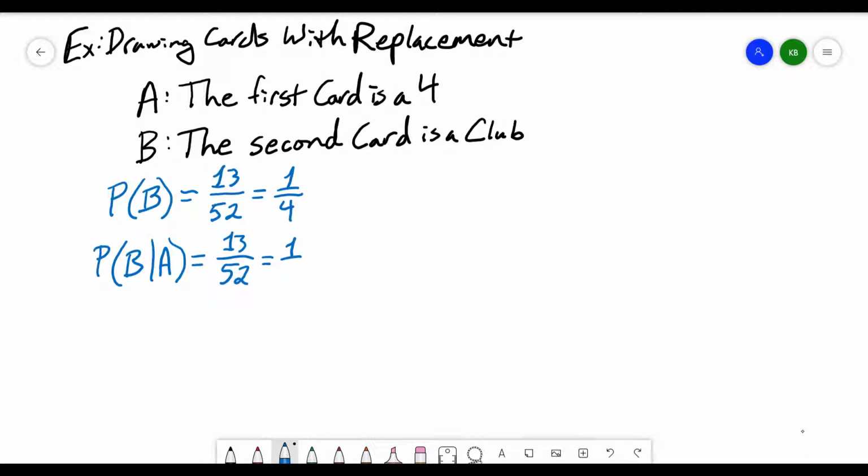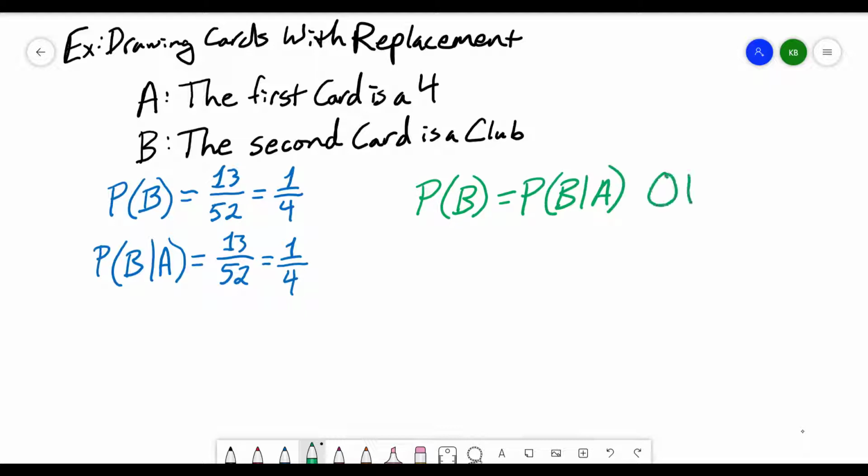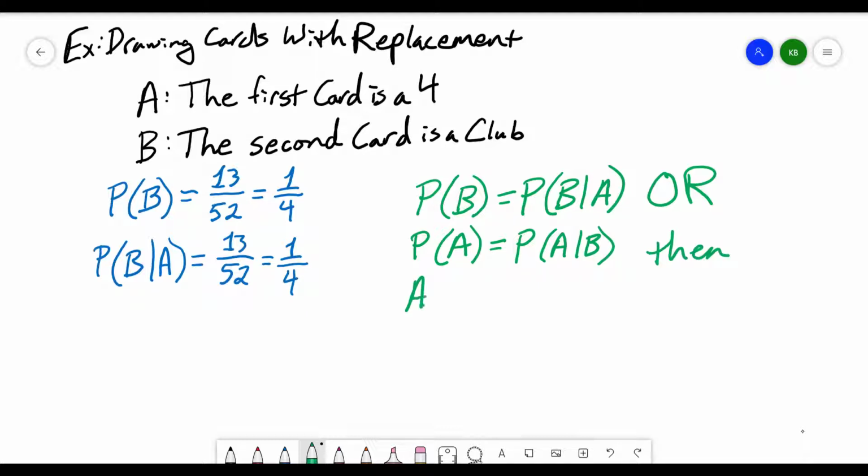So my probability of B given that A occurred was still 1/4. Whenever we have the probability of B equals the probability of B given A, or the probability of A equals the probability of A given B, then A and B are independent events.